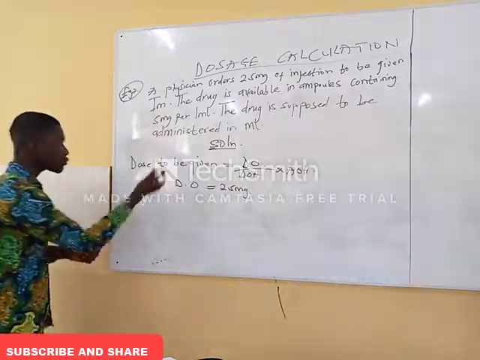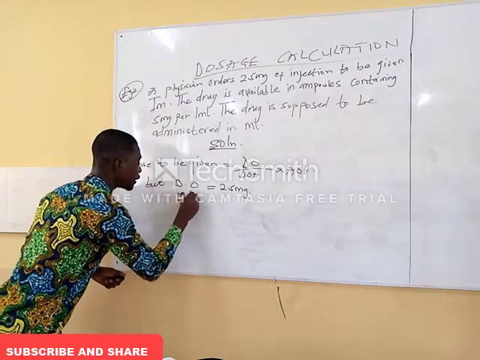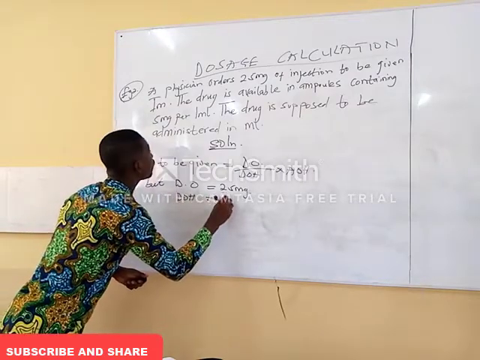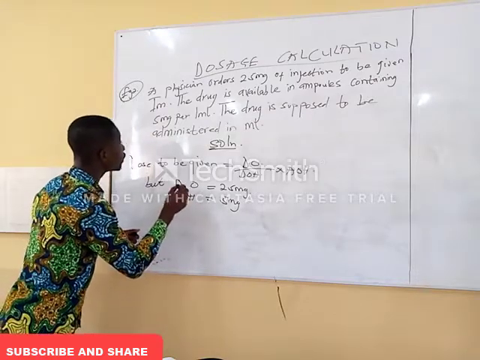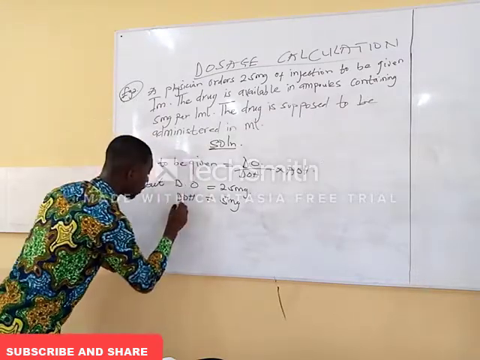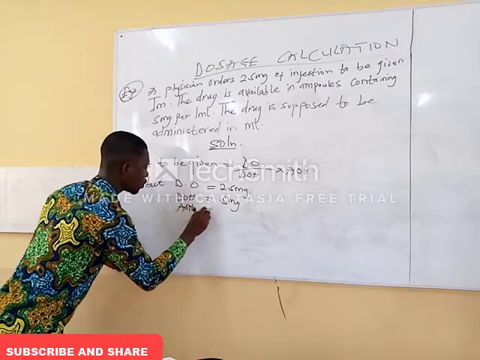So dose on hand is equal to 5 mg, and the amount on hand is 1 ml.